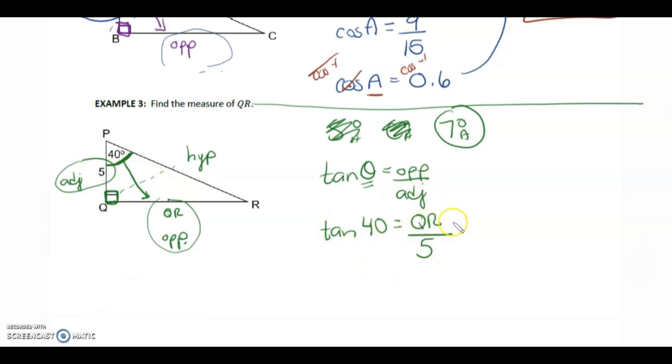And now from here, we just have to isolate QR. So we're going to use cross multiplication. Remember, these two numbers work on a row, tan 40 and 5. So we can go ahead and bring this 5 all the way to the front, and we're going to get 5 tan 40 equals QR.